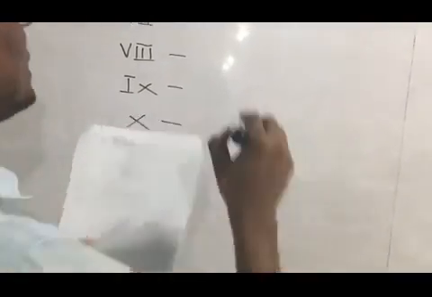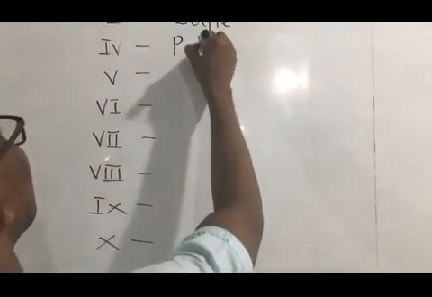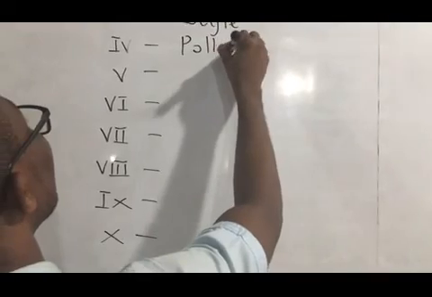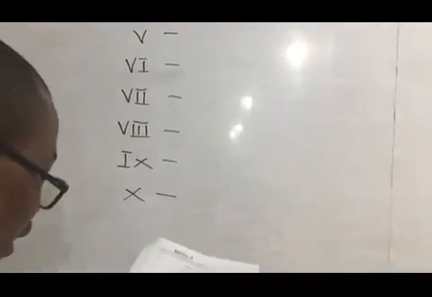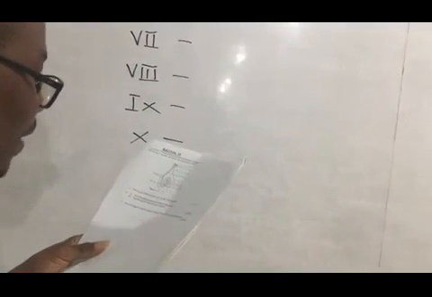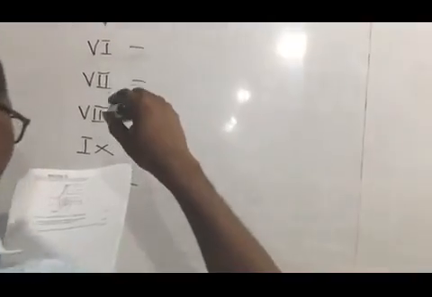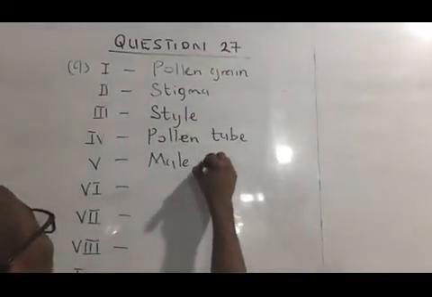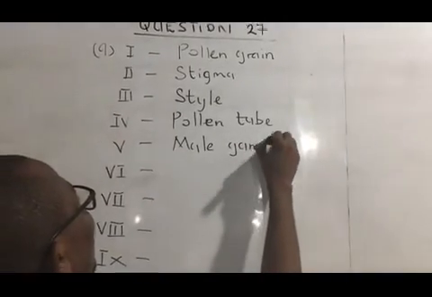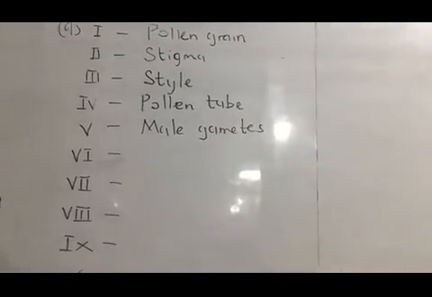IV is a pollen tube. V is the male gametes.